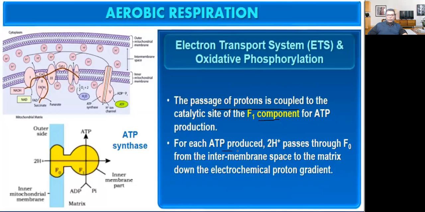For each ATP produced, 2 hydrogen ions pass through F0 from the intermembrane space to the matrix down the electrochemical proton gradient. So sometimes a question will be, for the production of 1 ATP, how many hydrogen ions pass through F0? So 2 hydrogen ions pass for the production of 1 ATP.